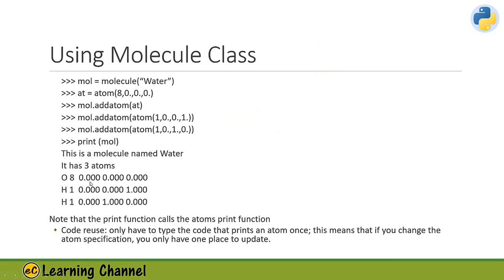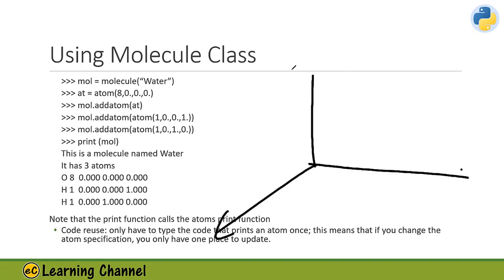So atom 1, that's oxygen, location 0, 0, 0. You have hydrogen, atom number 1, 0, 0, 1, okay? H, 0, 1, 0, okay? So you actually add 2 atoms. And if we have something called XYZ, right?